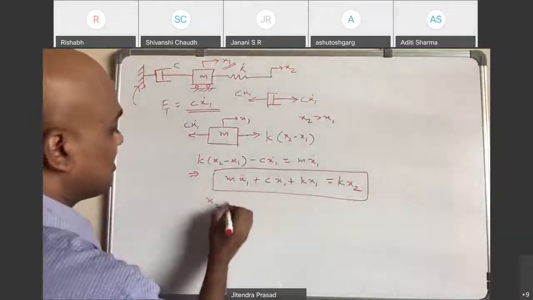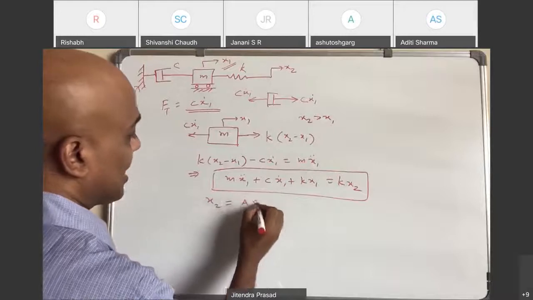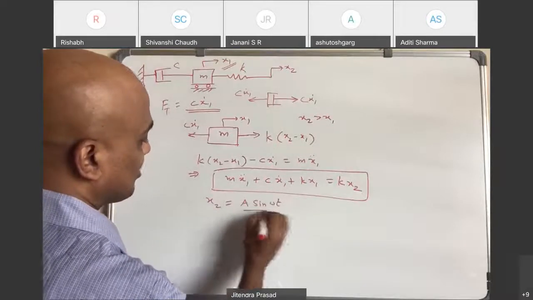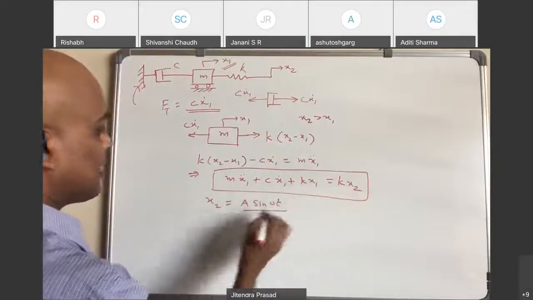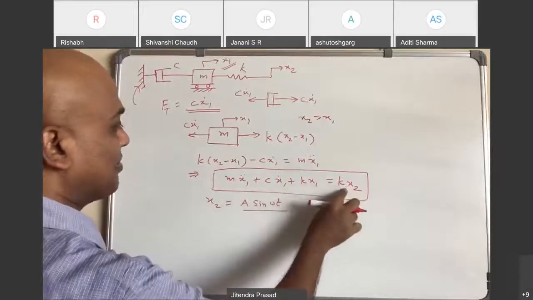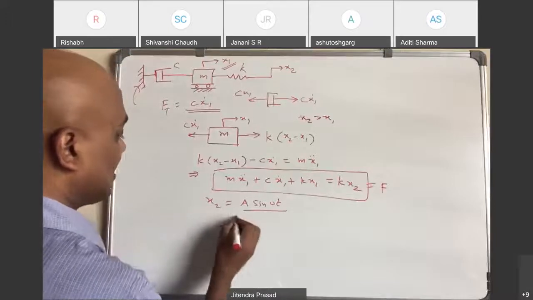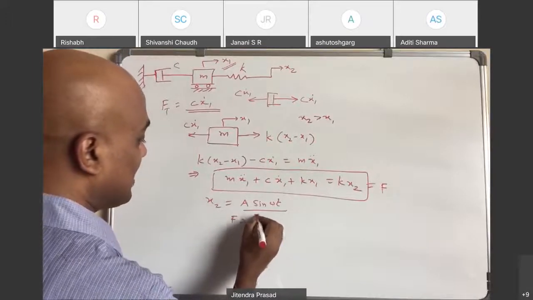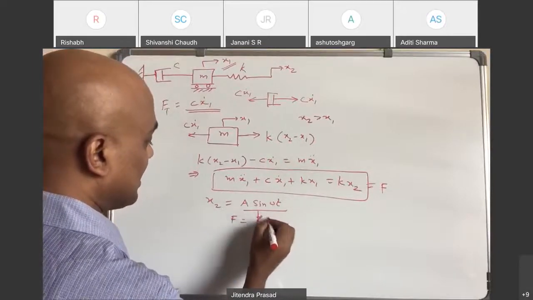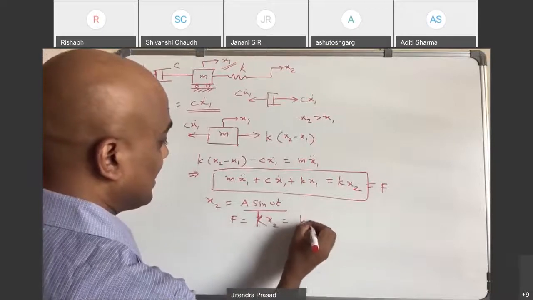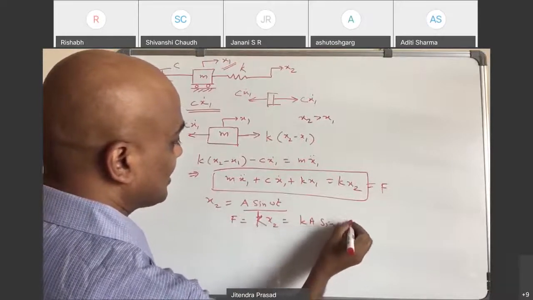Now x2 is given as a sine omega t, something like that. So you know the force, where kx2 equals ka sine omega t. Then you have to solve m x1 double dot plus c x1 dot plus k x1 equal to ka sine omega t.